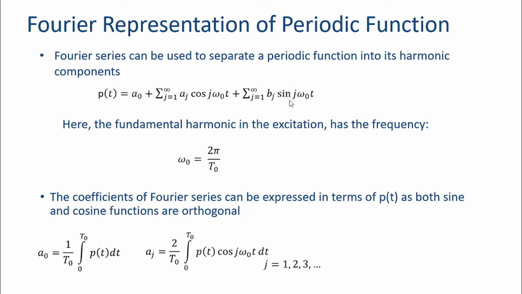Similarly, the coefficient of the sine terms can be calculated as 2 by t0 integral 0 to t0 p(t) multiplied by sine j omega naught t dt. This also can be found out for all the values of j. So if you can calculate a0, aj and bj, we can split the function p(t) in terms of harmonic components.